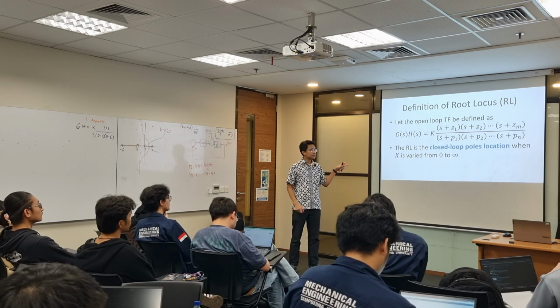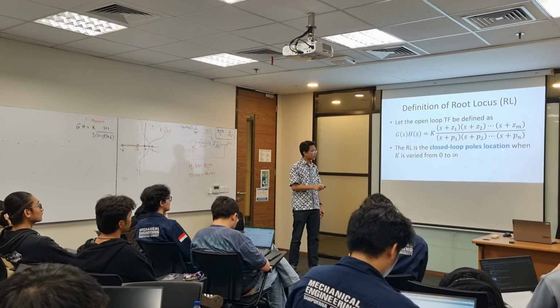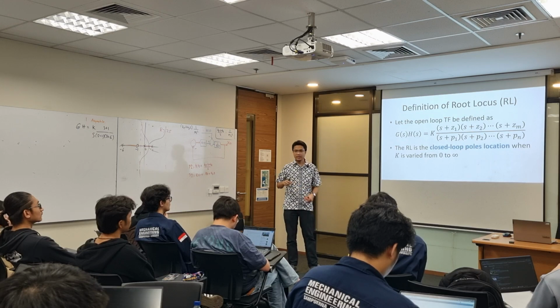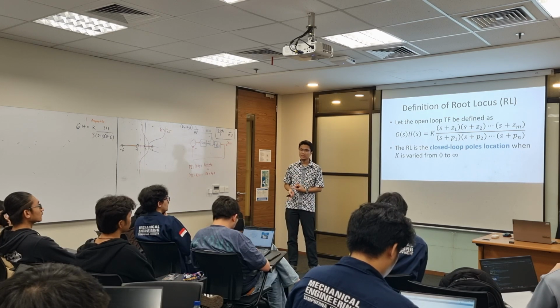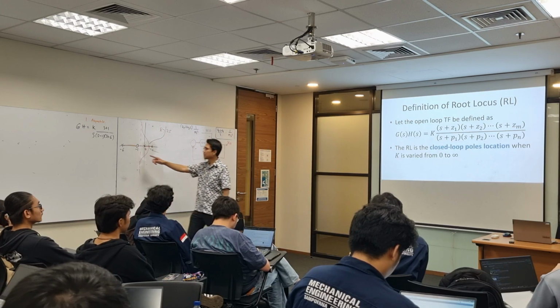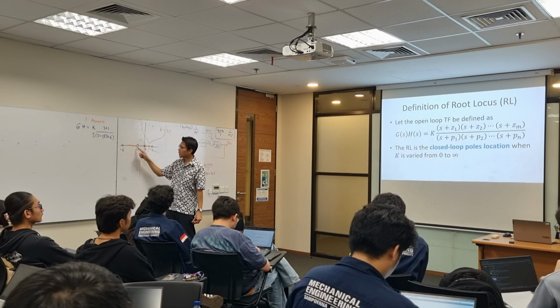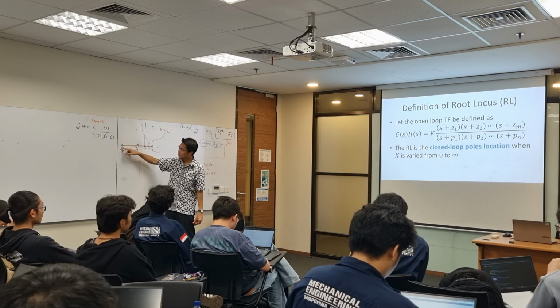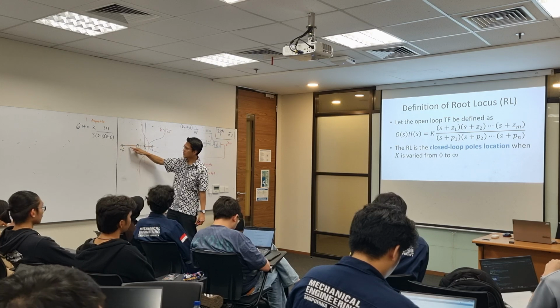The root locus is the closed loop poles location when k is varied from 0 to infinity, always from 0 to infinity. When k is varied from 0 to infinity, this is the location of the root locus.